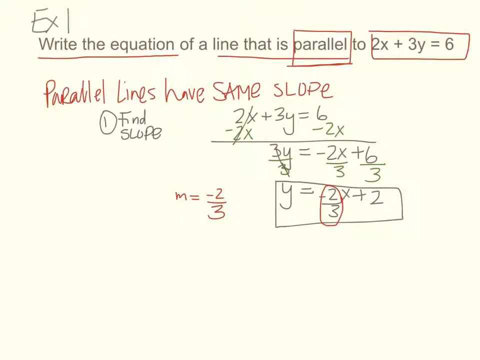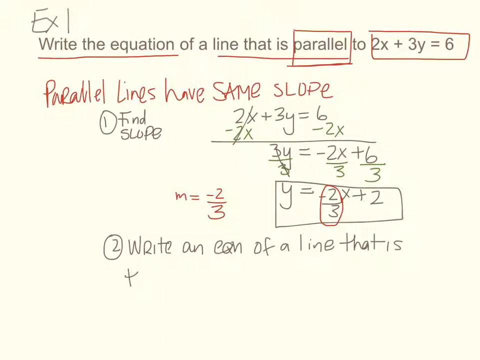So I know that number 2, if I want to write an equation of a line that is parallel with the slope m equals negative 2 over 3.